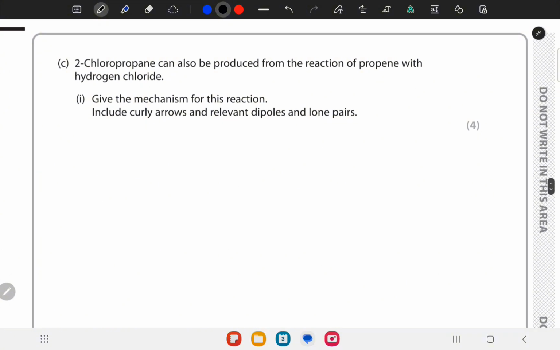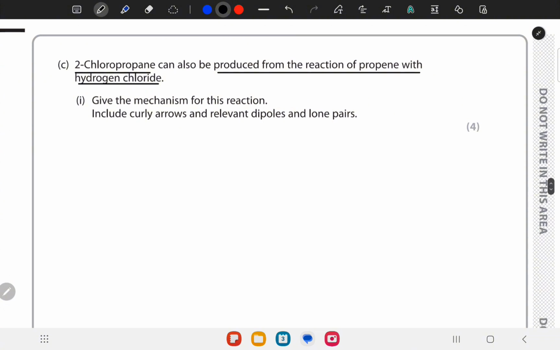Now in part C, we are told that 2-chloropropane can also be produced from the reaction of propene with hydrogen chloride. Propene is CH3, this is propene and this is hydrogen chloride.